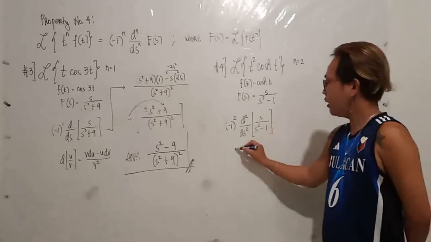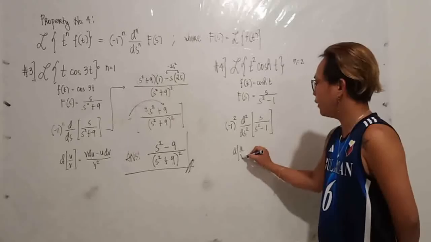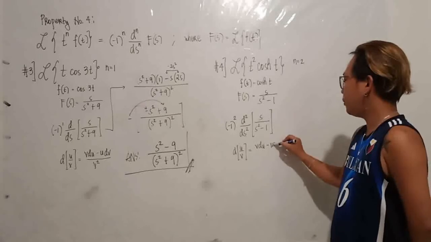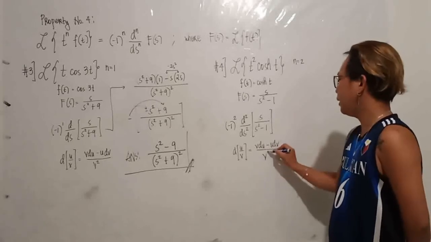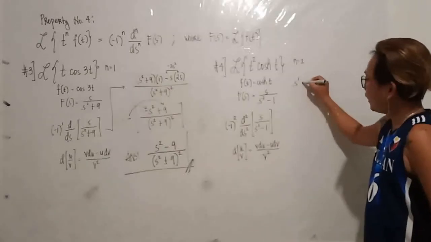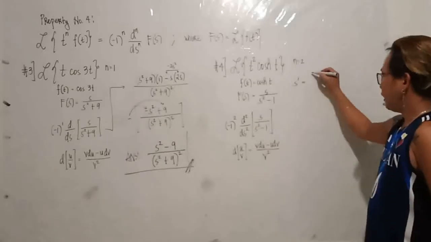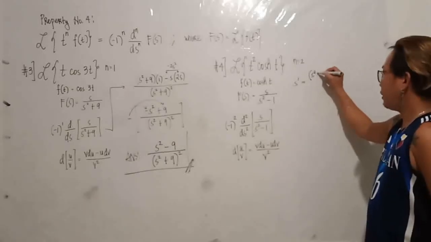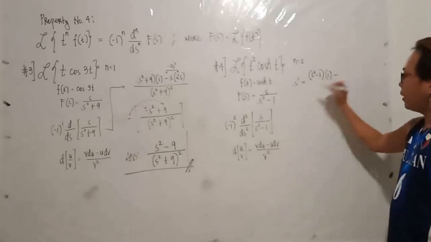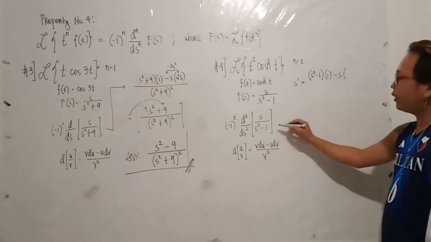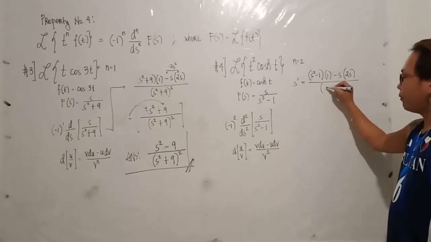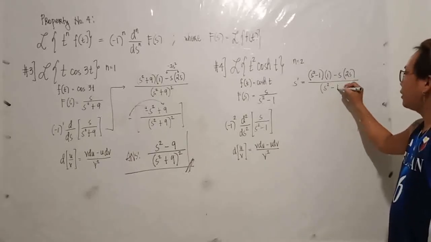Then this is derivative of u over v again. This is v du minus u dv over v squared. So the first derivative of s is, this is now s squared minus 1 multiplied to the derivative of s, which is 1, minus s, then the derivative of your denominator, which is 2s, over s squared minus 1 squared.